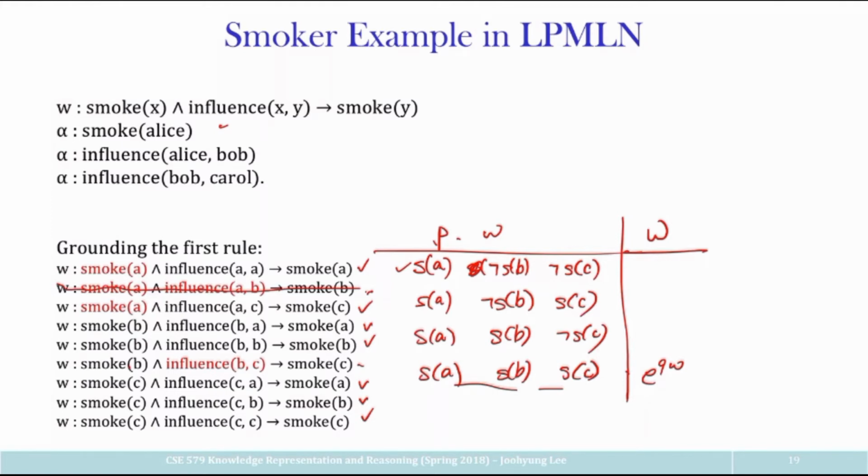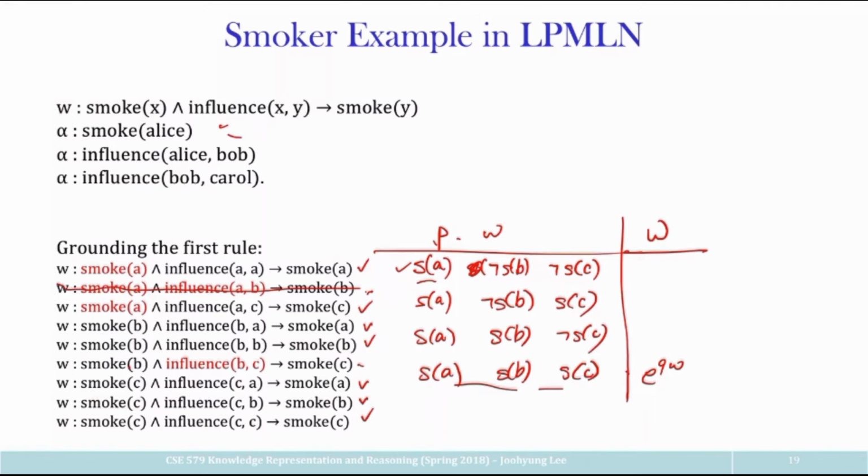So smoke A definitely is true because of this one, and smoke B doesn't have to be true. In fact, none of the rules can derive smoke B, right? And smoke C also doesn't need to be derived. So in other words, smoke A is the minimal model of this program, right?